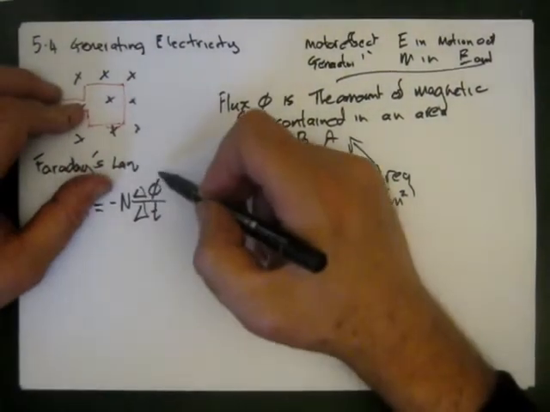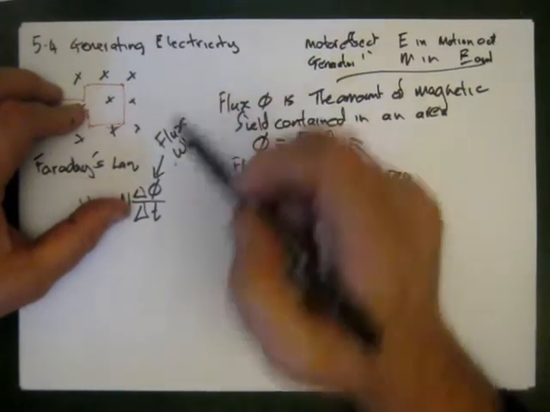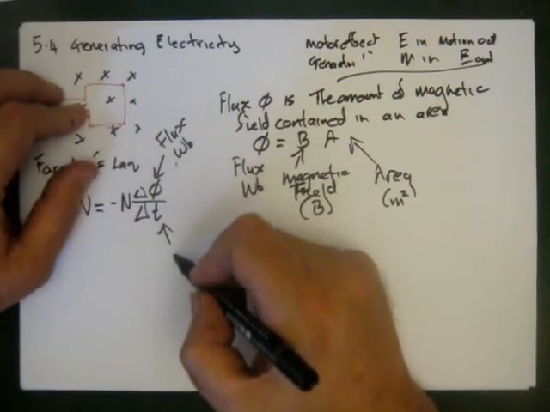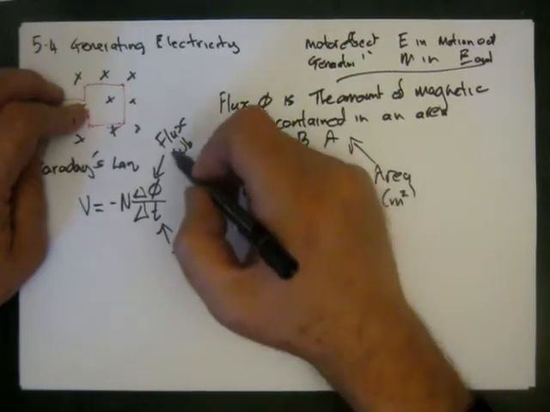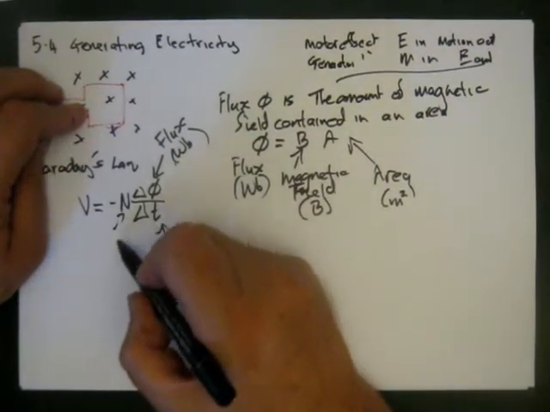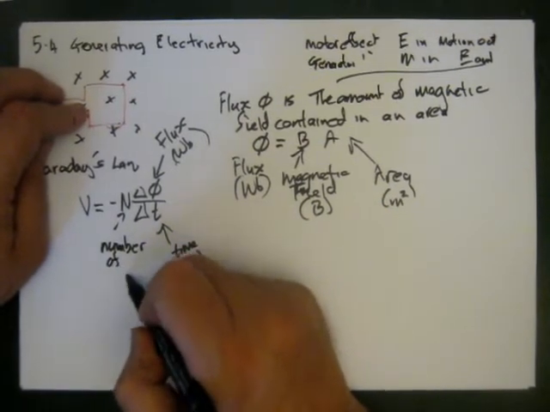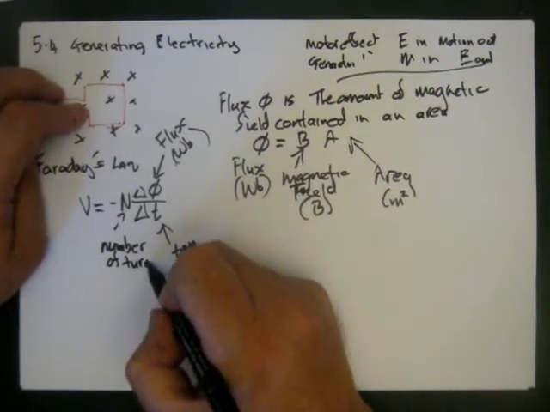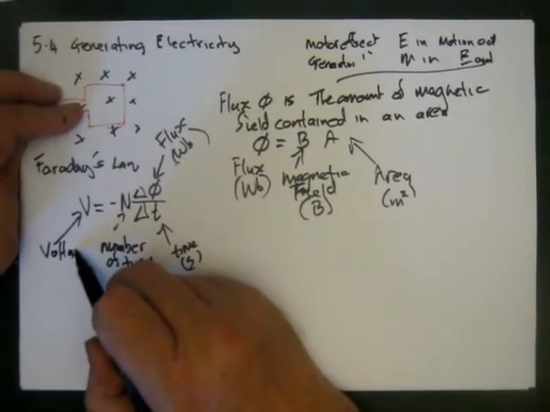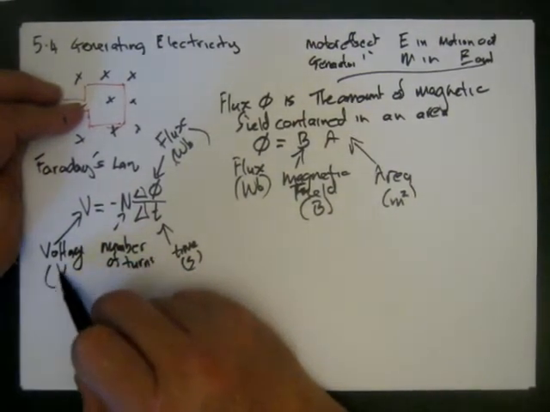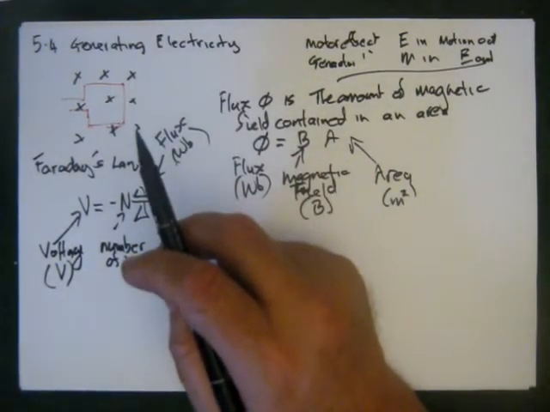So what we have here, this is flux in Webers. This is time in seconds. This is going to be number of turns, and that has no unit. And this is going to be the voltage generated, and then usually using Ohm's law, if we know the resistance, then we can work out the current, and it goes whizzing around there.